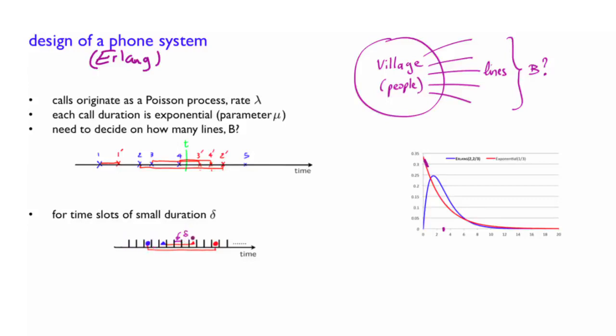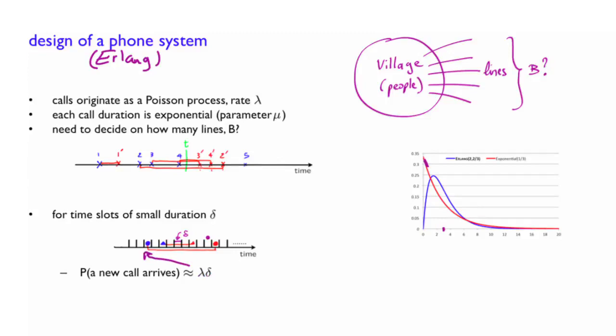And delta is supposed to be a very, very small number. So now under this discretization, by the definition of the Poisson process, the probability that we'll see one arrival during any time slot of duration delta will be lambda times delta.